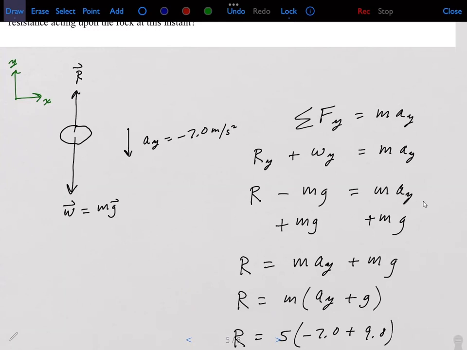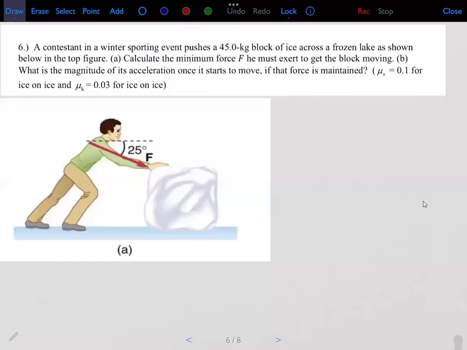Okay. Next question. You're told a contestant in a winter sporting event pushes a 45.0 kilogram block of ice across a frozen lake as shown below in the top figure. Calculate the minimum force F you must exert to get the block moving, right?